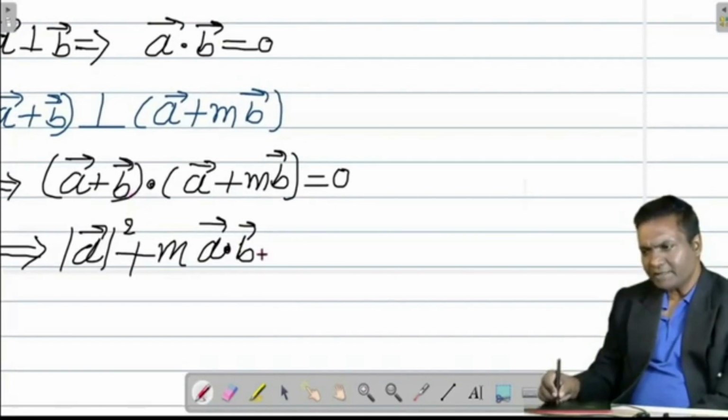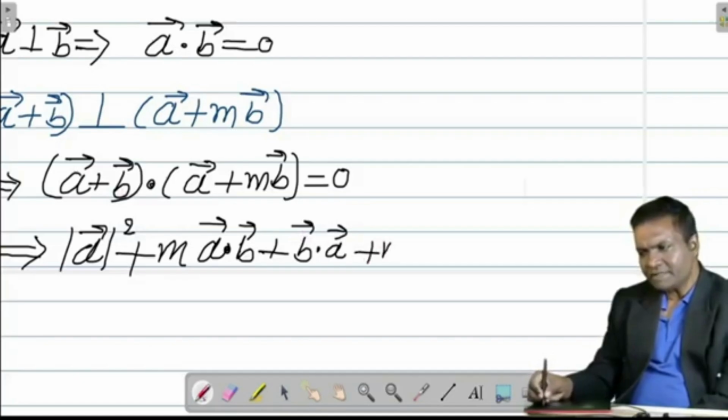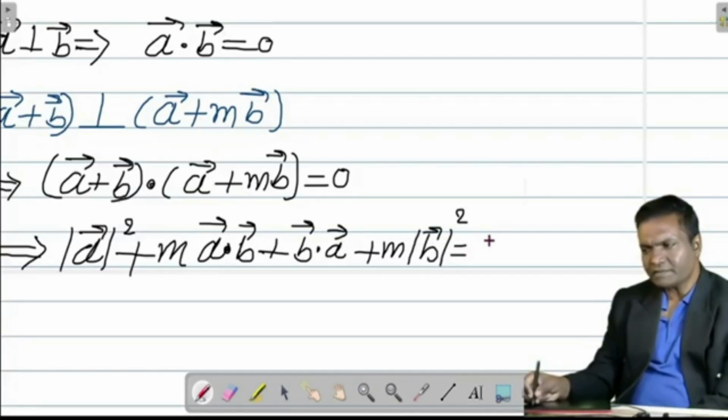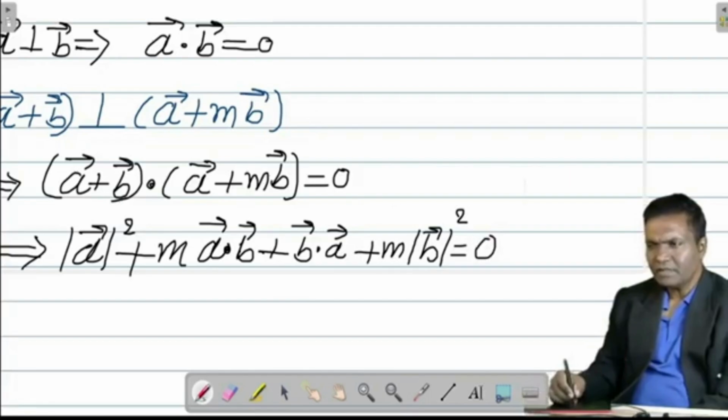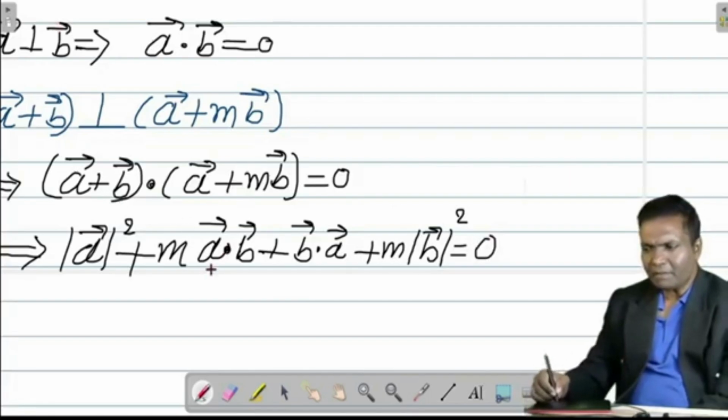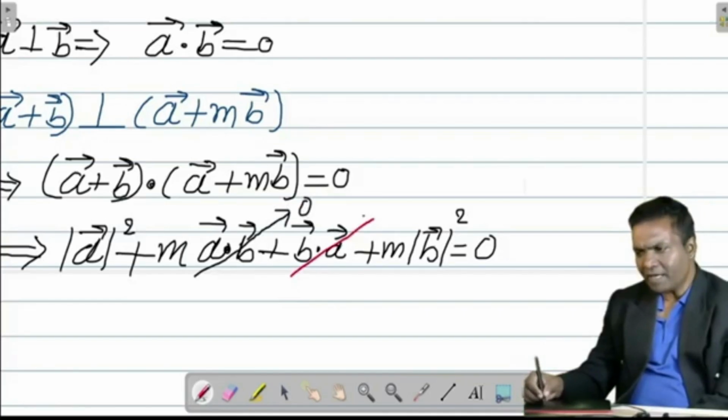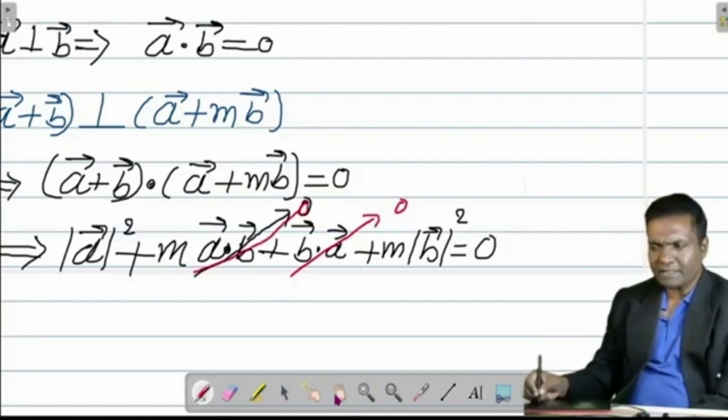Now B dot A, and vector B into m into vector B is, m is constant, vector B into vector B is magnitude of vector B square, equals 0. And we know that A and B are perpendicular and their dot product is 0. So you directly write A dot B and B dot A are zeros. Okay, because they are perpendicular.